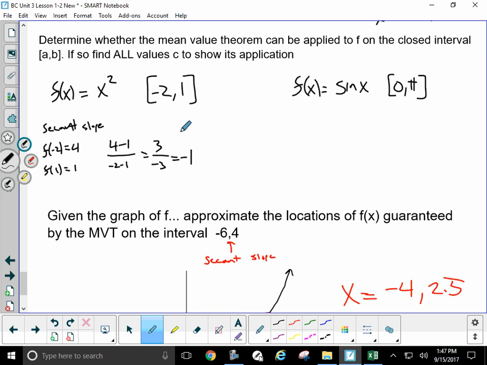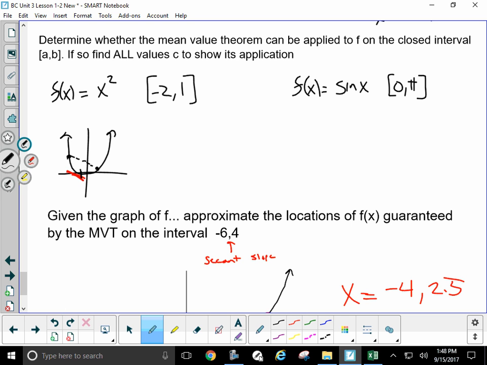I'll set that secant slope equal to my tangent slope to figure out the x-coordinate. That's set equal to 2x, so x equals -1/2. If you go back to the graph, you can see this x-coordinate of -1/2 produces that, just like we saw, which is cool. Okay.